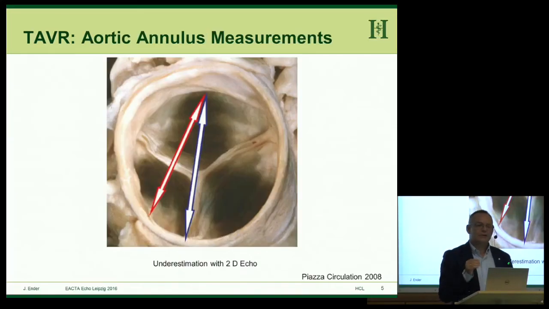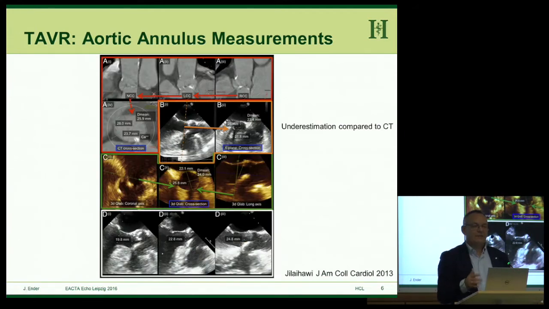And we know that 2D, especially transthoracic, due to the visualization of the aortic annulus, severely underestimates the aortic annulus. So that is really one major advantage of 3D echo, that you can compensate for that. Usually CT scan is the method of choice because CT has one additional advantage.